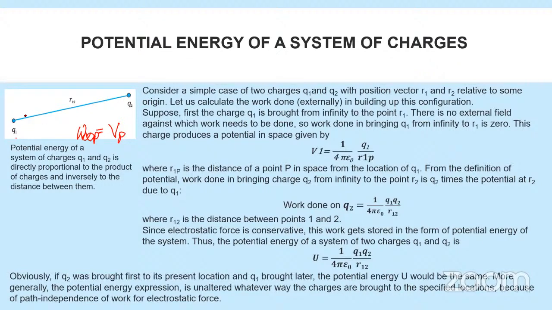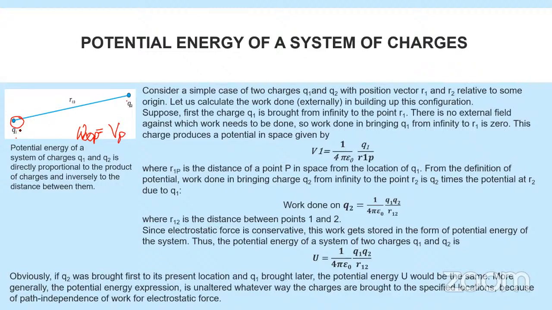This again goes back to supposing that this is now a source charge and we are bringing a test charge Q2 from somewhere till here. This is going to be present when we are doing the work in bringing Q2 from any point in space to this point now.